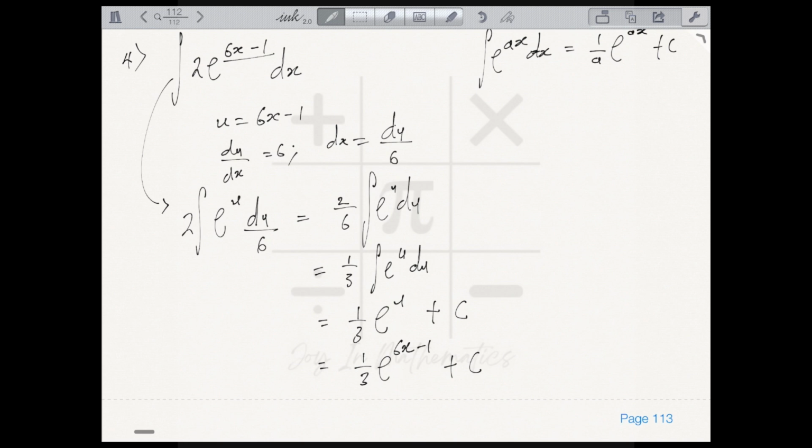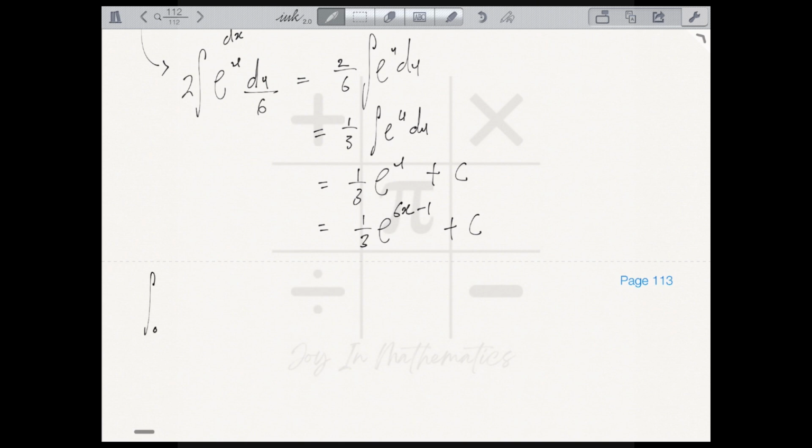Now, what if this question is turned into a definite integral? Let's say we are asked to evaluate the same question, 2 exponential 6x minus 1 dx from lower limit 0 to upper limit 1. We know that when we integrate 2 exponential 6x minus 1 with respect to dx, we'll have this.